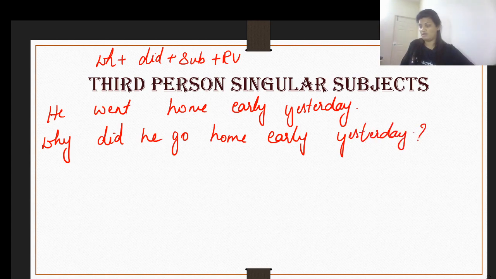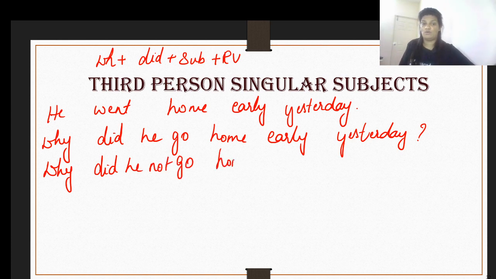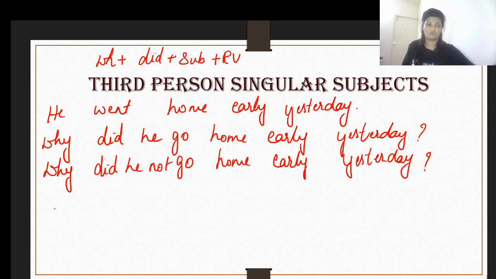And ended with a question mark. How would you make that as a negative? Why did he not, or why didn't he go home early yesterday? And ended with a question mark.